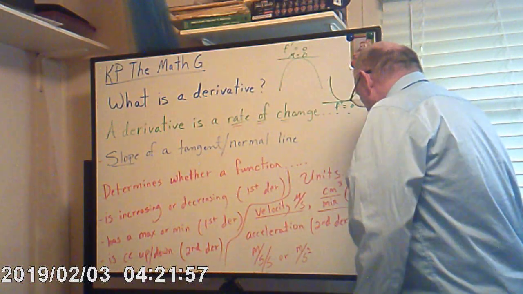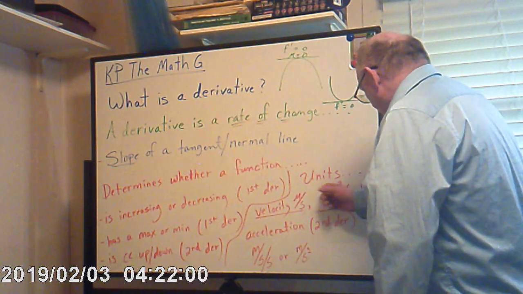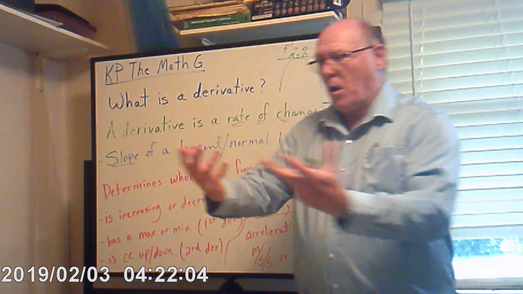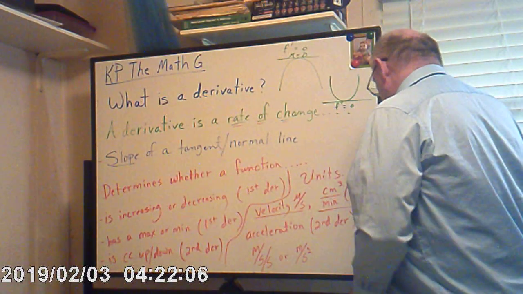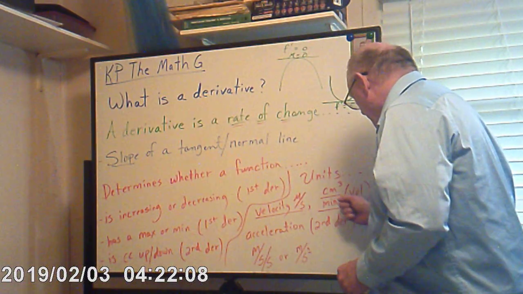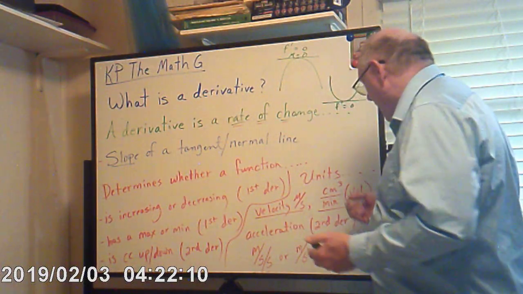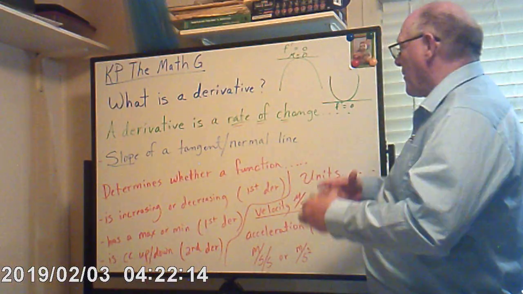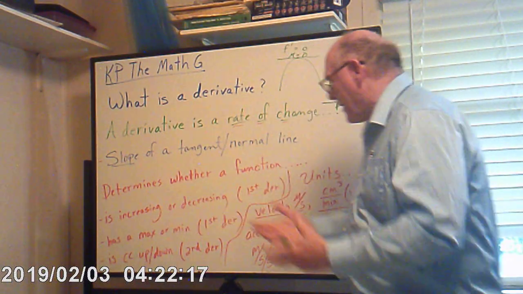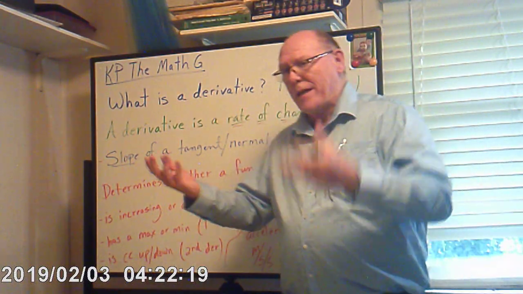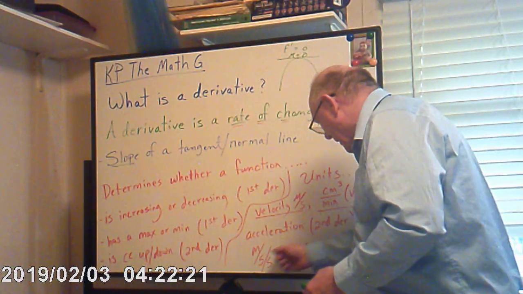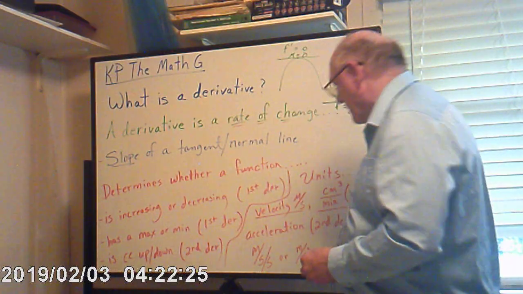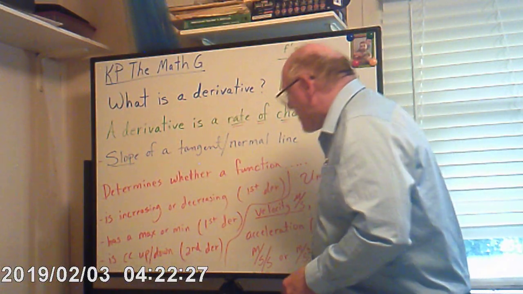And then, of course, volume of a sphere or volume of a cone could be cubic centimeters per minute. So that's what it is, a rate of change. It's always going to be in the form of a fraction like this: meters per second, meters per second squared, cubic centimeters per minute, whatever that is.